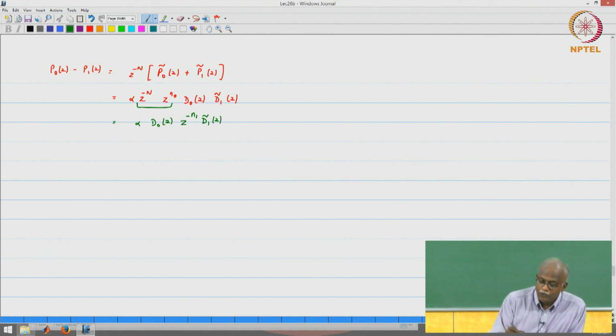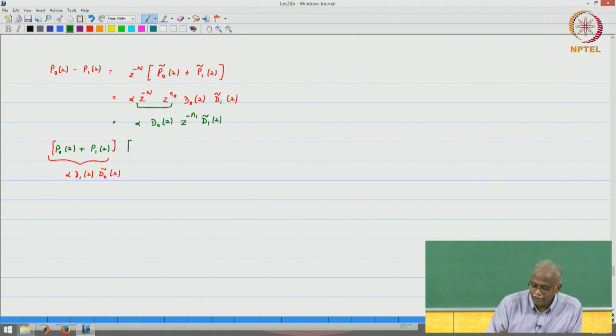Now, if you also look at this following expression, p naught of z plus p1 of z, we said that this is equal to alpha times d1 of z d naught tilde of z. Then the second term here is p naught of z minus p1 of z.